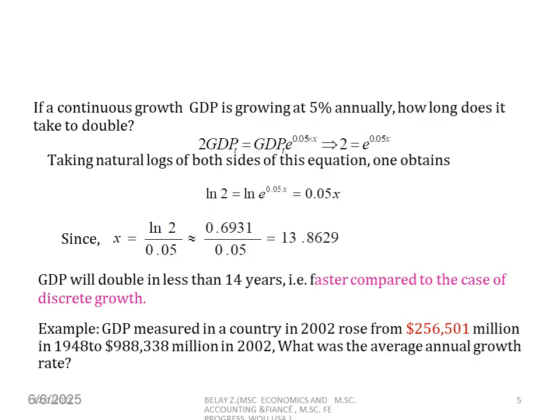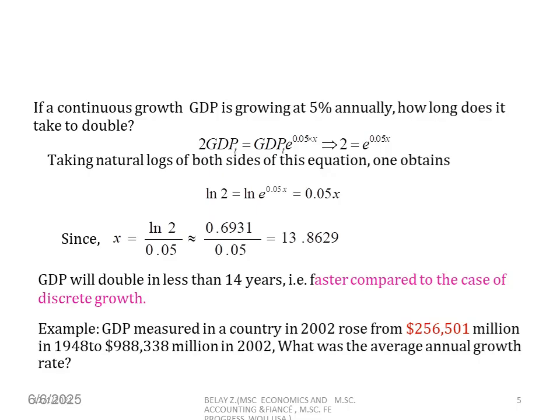Now the time in years: 2 is equal to e to the power of 0.05x. Taking the natural log of both sides of this equation, one obtains ln 2 is equal to ln e to the power of 0.05x, which is equal to 0.05x.